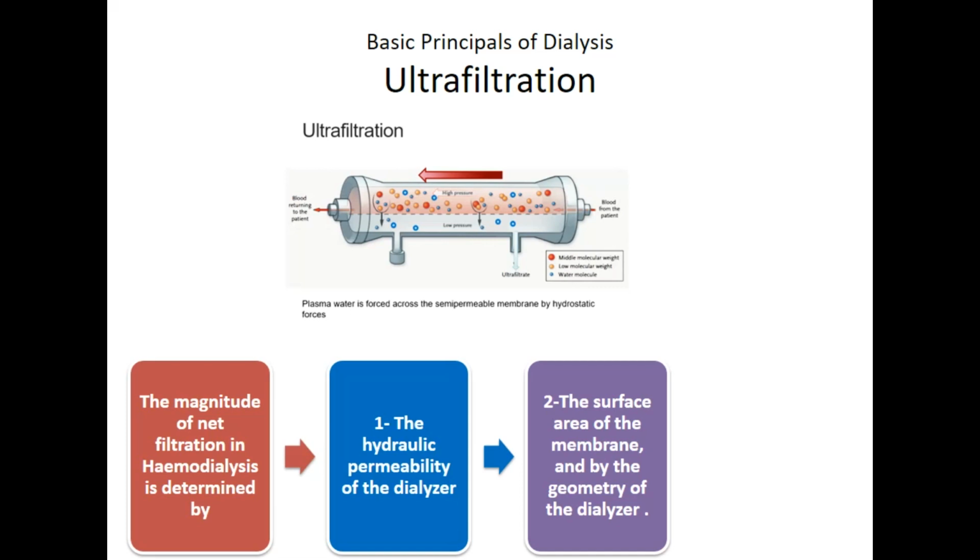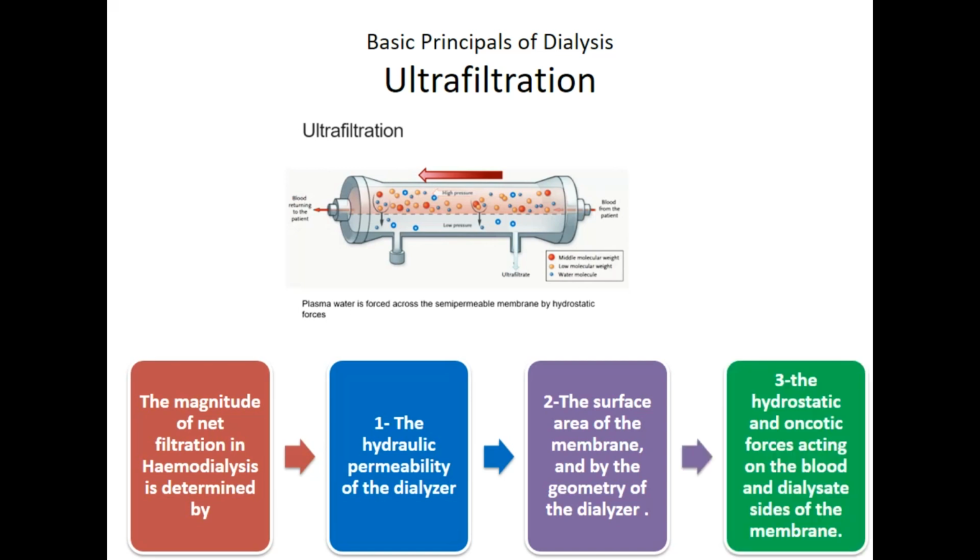Narrower fiber has more ultrafiltration capacity, as well as the hydrostatic and oncotic forces acting on the blood, which limit the ultrafiltration. So increased hydraulic permeability, as well as increasing the surface area of the membrane, increase ultrafiltration, while increased hematocrit and protein content of the blood limit the ultrafiltration.